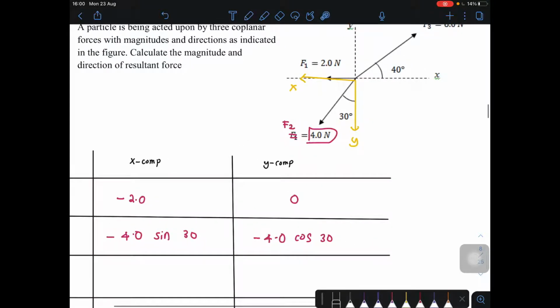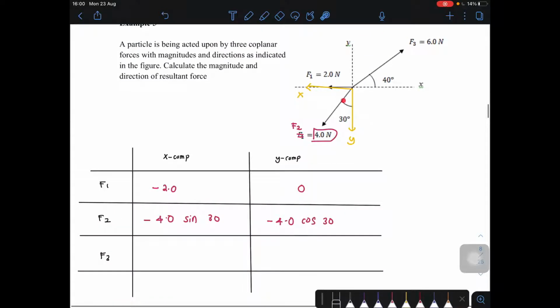Okay, so remember kita kena ingatlah, kalau angle tu dekat Y component, yang akan jadi cos. That's why dekat Y component ni kita gunakan cos. Dan since Y dia adalah downwards, negative. So, untuk X component, angle dia bukan di sini, so dia adalah sin. It is going to the left, it is negative.